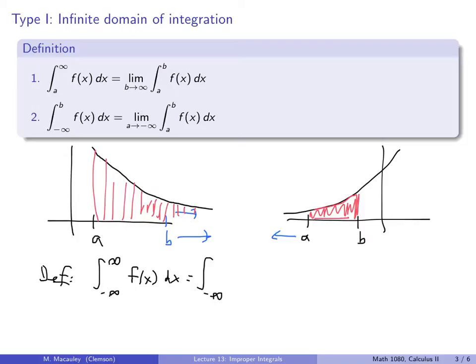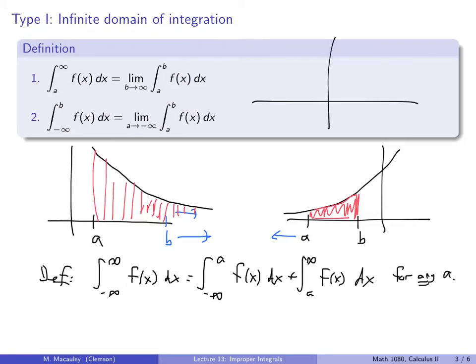We take any a in the real numbers and take the integral from negative infinity to a plus the integral from a to positive infinity of f of x dx. We do this for any constant a. I've run out of room, but let me draw a picture up here.